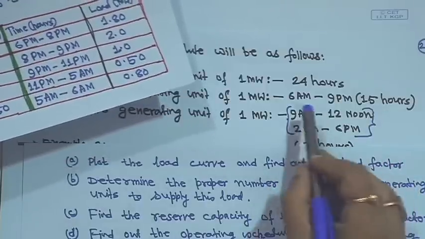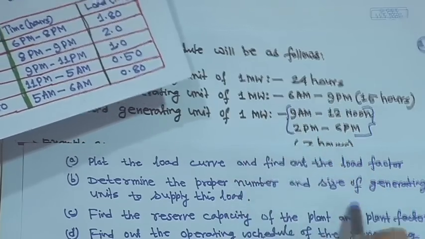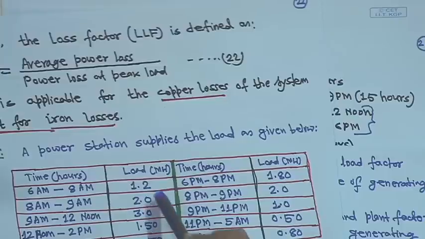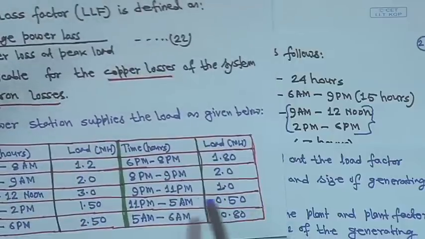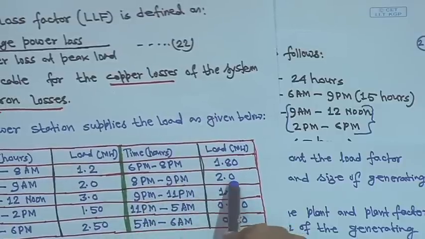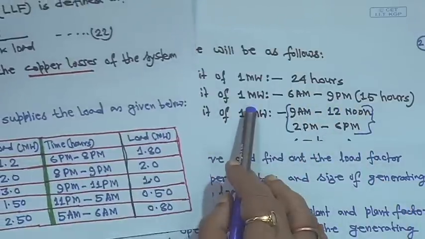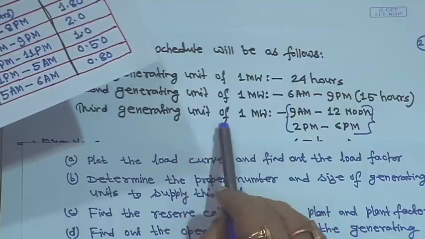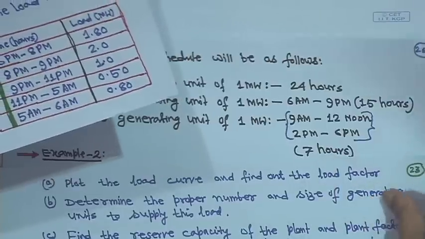If you look carefully, from 6 am to 9 pm, the load is more than 1 megawatt, that is why 2 units are required. But the third generating unit of 1 megawatt is required from 9 am to 12 noon and 2 pm to 6 pm, 7 hours, which means it is overlapping.